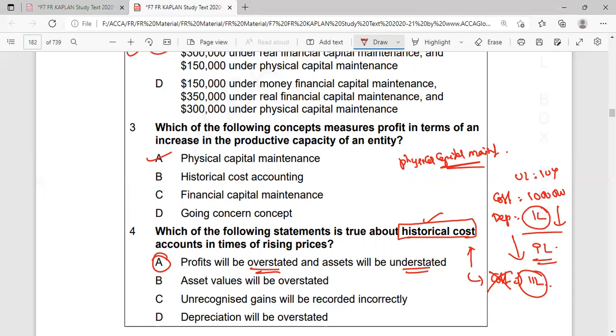But if I follow the historical cost method, I have to show the price of the phone at 1 lakh only, less depreciation. So when we compare the purchase price with the increased price, the asset is understated. Then automatically the charge on that asset is also understated, and the profits are increased. So this is about the conceptual and reporting framework.